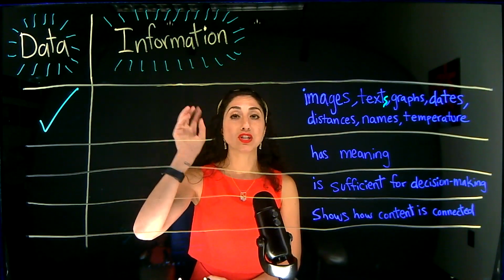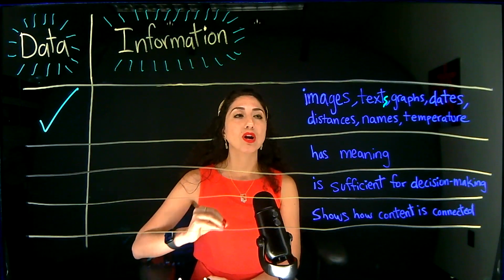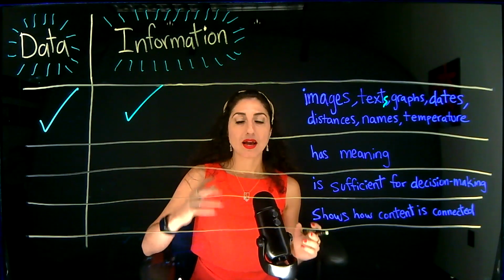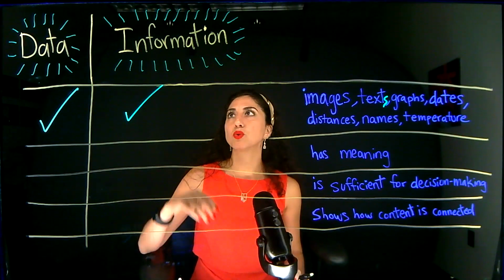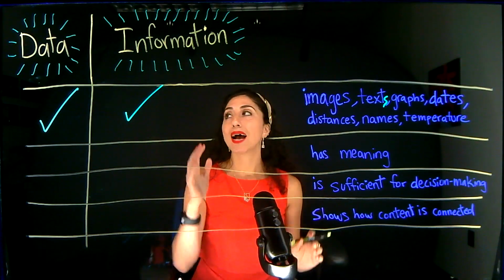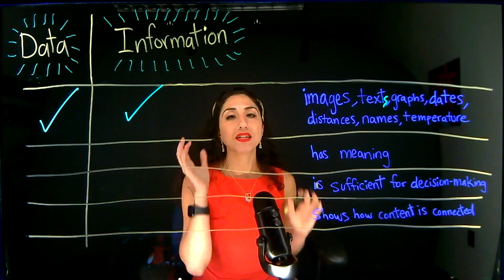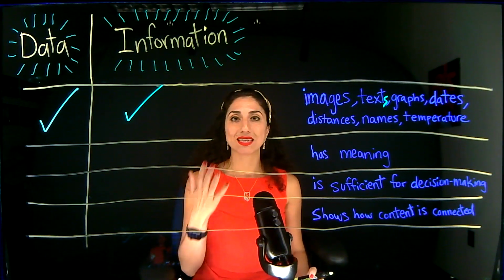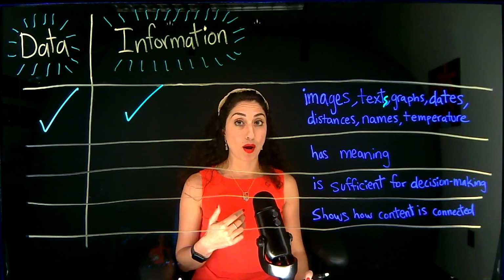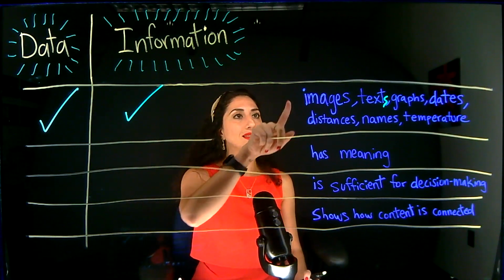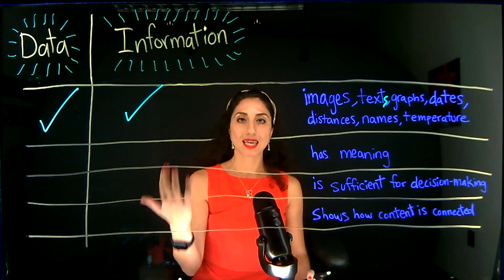And information usually will also be described in these ways, but it will be more than that. And the more than that is because when you have information, you have the data that usually comes in any form that's organized in a way that makes sense given your question or given your problem. So some people will say, no, information wouldn't come as these kinds of things, but it can.